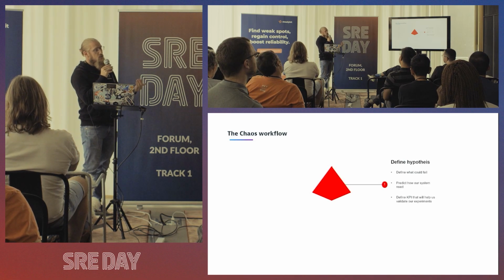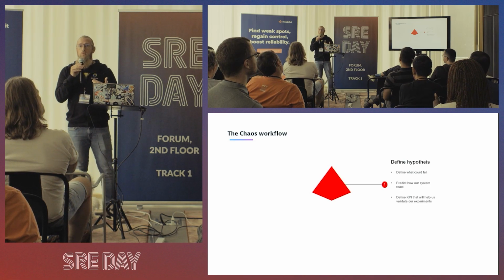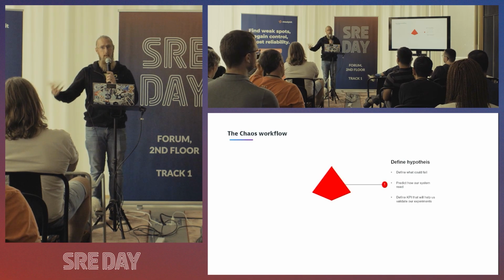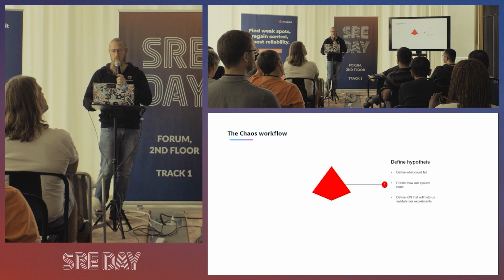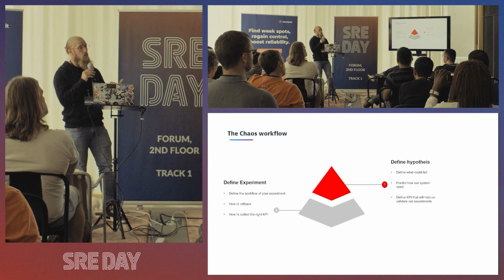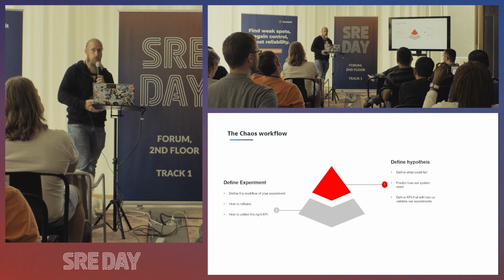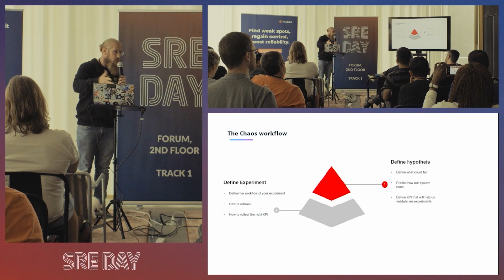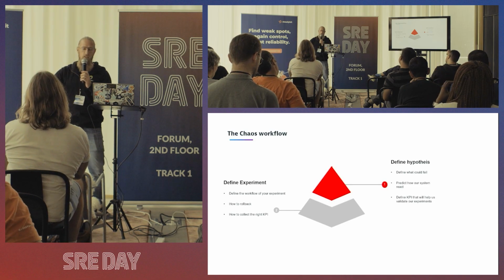Then I need to define the KPI that will allow me to measure if my experiment went well or, on the other hand, went very badly. Once I've defined those hypotheses, I need to define the flow, because to inject an experiment I probably have several steps to turn off something or cut down a link.